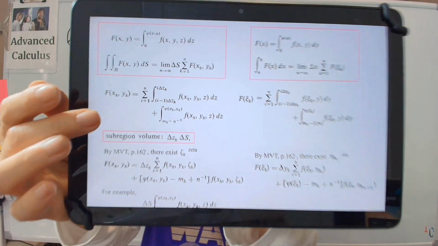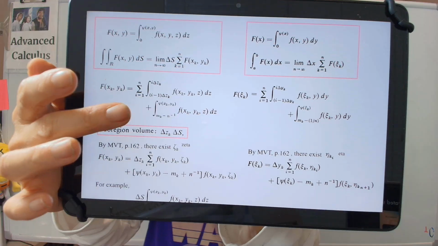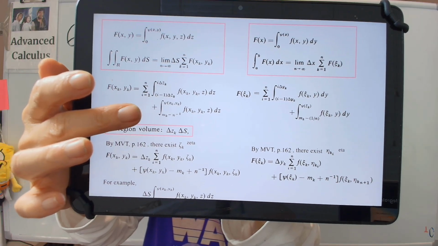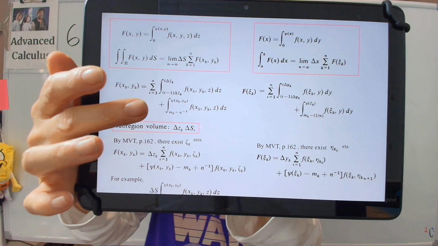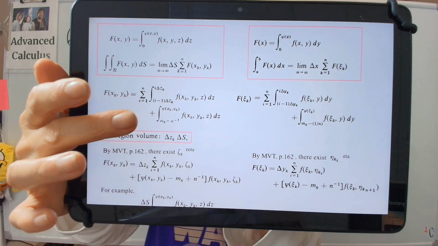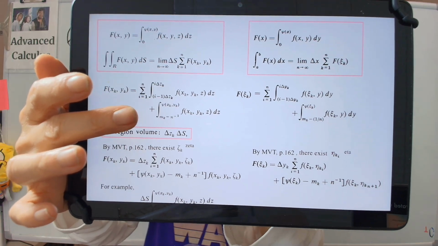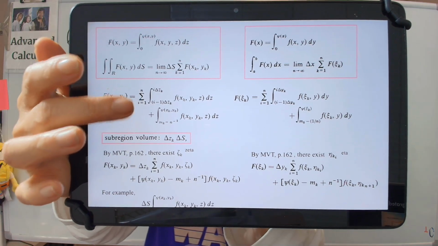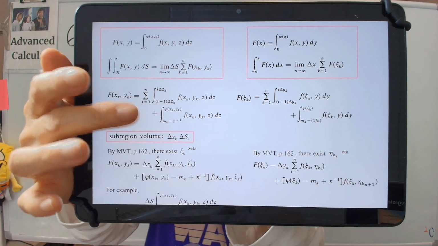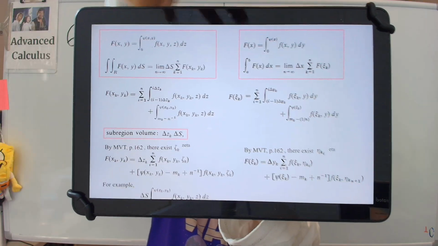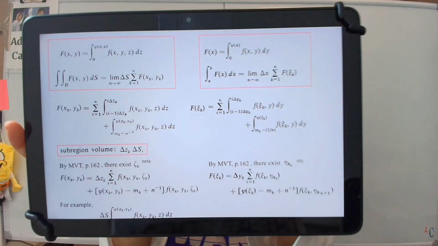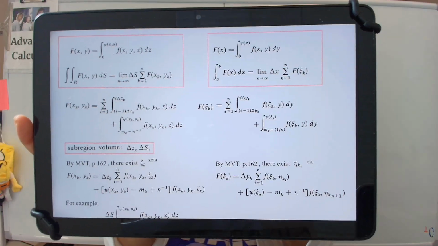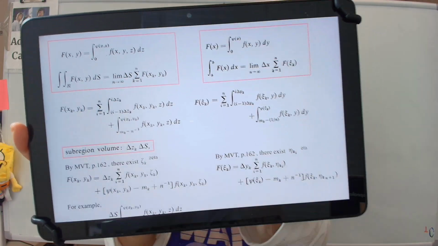So then F of xk, yk will be this sum of stuff, where delta zk works the same way as delta yk before, and here's the last piece. We have all this stuff added up from the first part, just like before. This might look a bit confusing, so please just stare at this until it makes sense. That's the only way to really understand it.